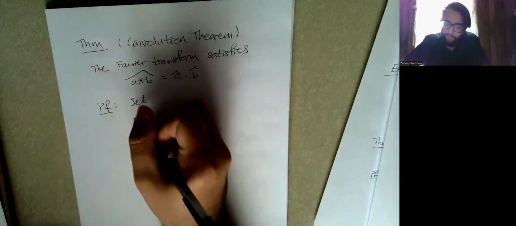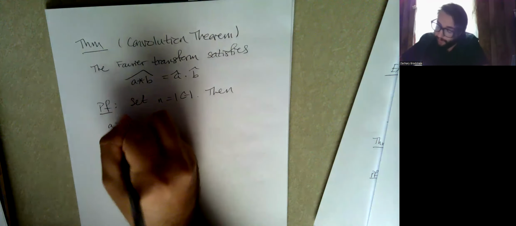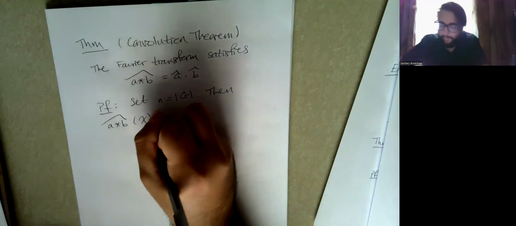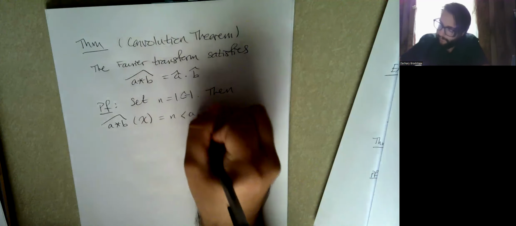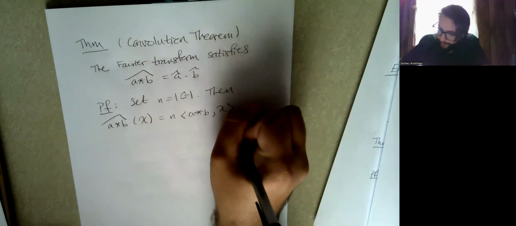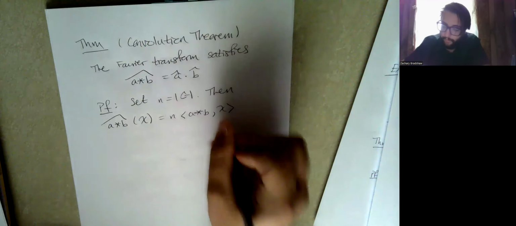Here's the proof. Again, a straightforward computation. Let's set n equal to the order of G. Then we have that the Fourier transform of the convolution applied to chi is n times the inner product of the convolution with chi. That's my definition of the Fourier transform.